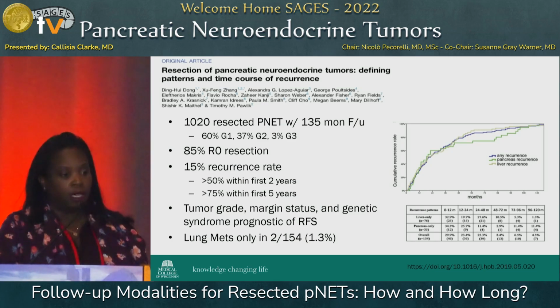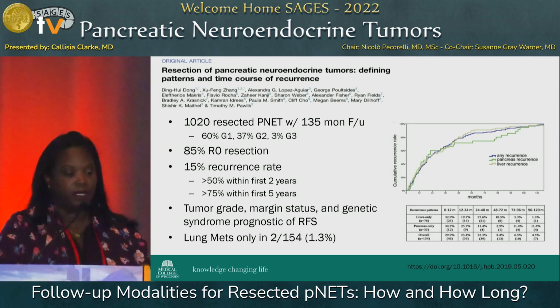relatively low. What was interesting is that 50% of all of those recurrences happened within the first 2 years. About 75% of them happened within the first 5 years. So the vast majority of patients that recurred do so quite early. All of the patients that recurred had recurred within 10 years of their initial surgery.